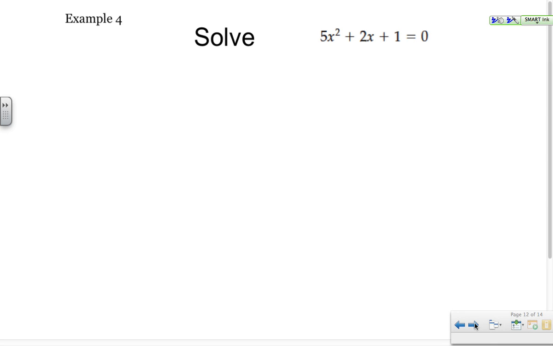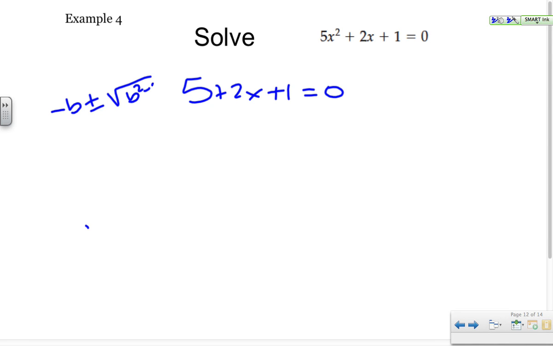Okay, example 4. So solving equations with the quadratic function that do not have a real number solution. And this is where we'll actually use complex numbers. So I have 5x squared plus 2x plus 1 equals 0. And I want to solve these. These will have complex solutions, not real solutions. So the quadratic formula is negative b plus or minus the square root of b squared minus 4ac over 2a.